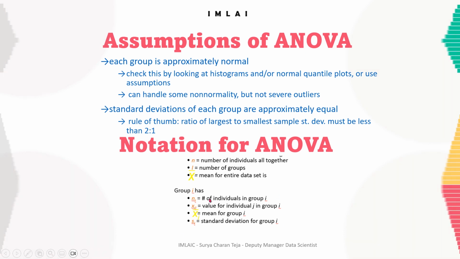Ni is the number of individuals in that group only. Xij is the value for individual j in group i. X bar i is the mean for group i, and Si is the standard deviation for group i.